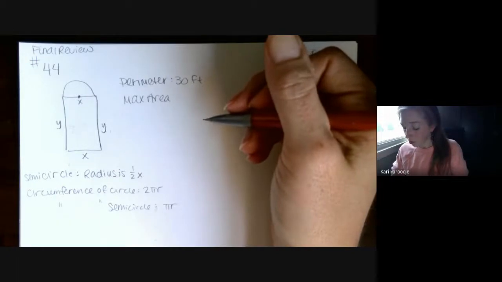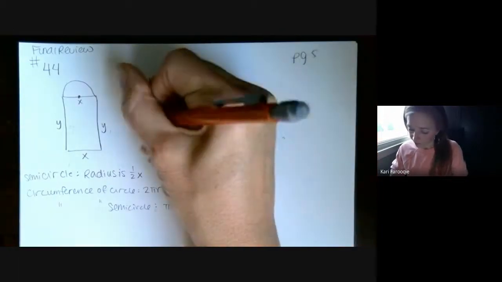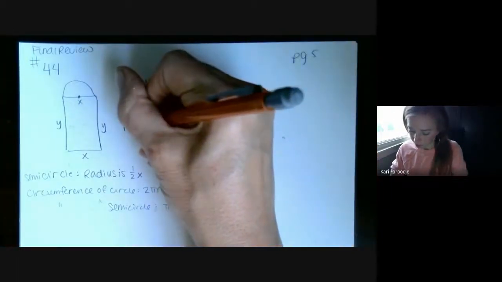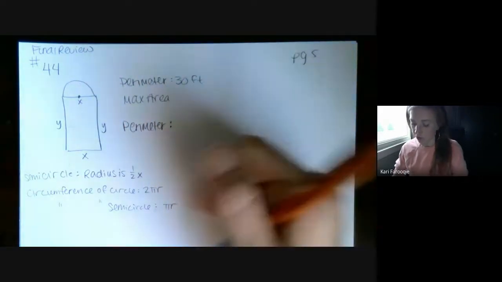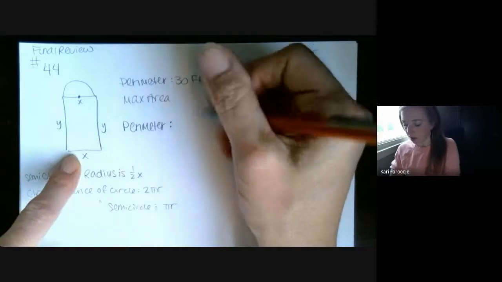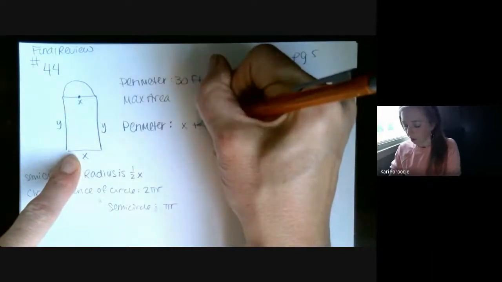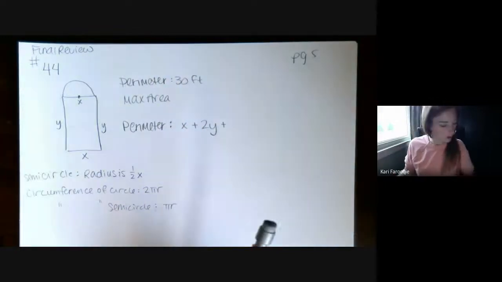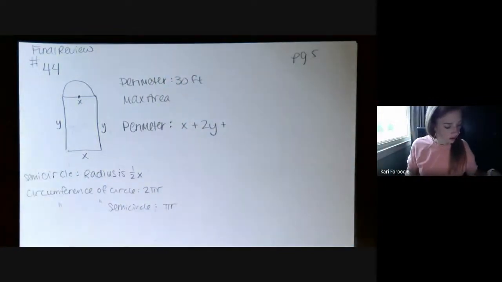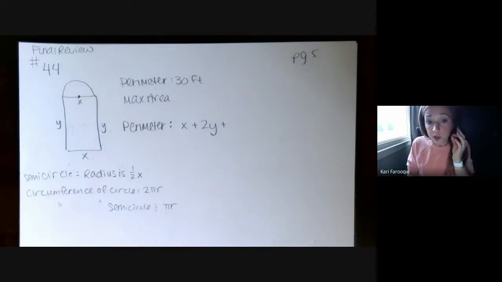So for the perimeter of the entire window, if you want to start with the rectangle, that's fine. So you know that you have X plus 2Y plus, and it's possible, did I give you a figure here? No. Okay. So when we're talking about the perimeter of the window, we're only talking about the distance around.